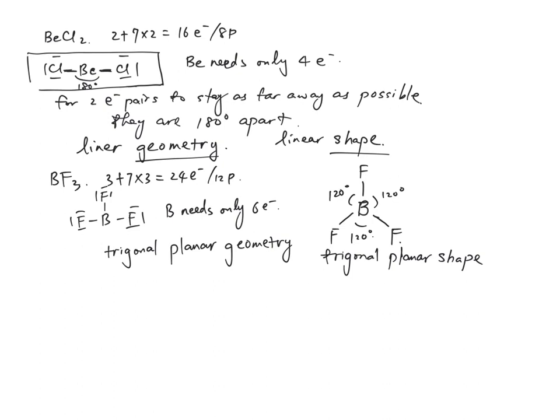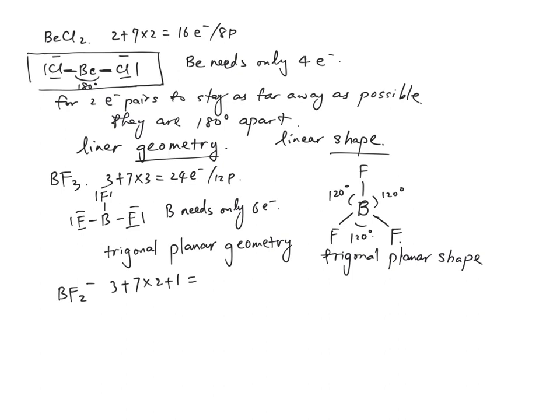Are there any atoms or molecules or polyatomic ions that actually have different descriptions for geometry and shape? Well, let's see. What if I have the polyatomic ion BF2 negative? So this is 3 plus 7 times 2 plus 1 because of the negative charge.